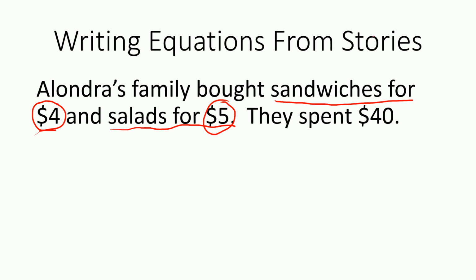So that's $4 per sandwich and $5 per salad. And when they spent $40, that sounds to me like it's a total. So I think this is a standard form equation. In this case, X is going to be sandwiches, just for the sake of argument, and Y will be salads. And that way we know what we're representing.